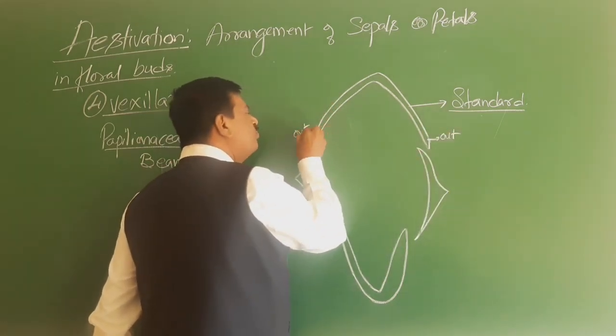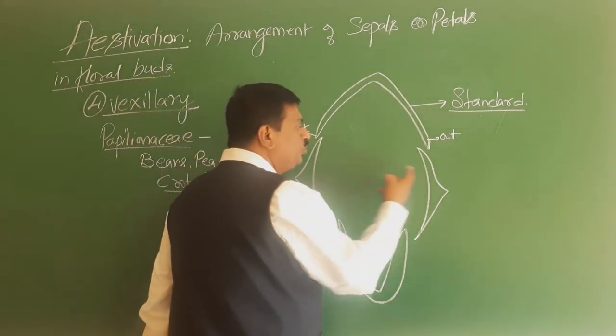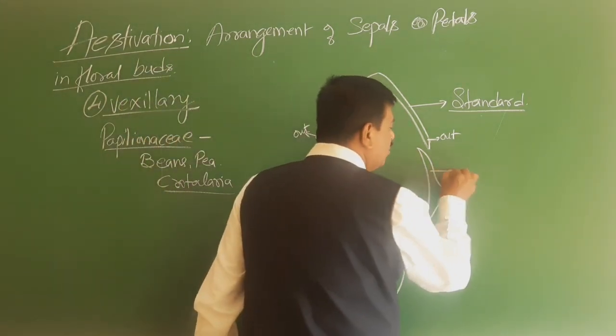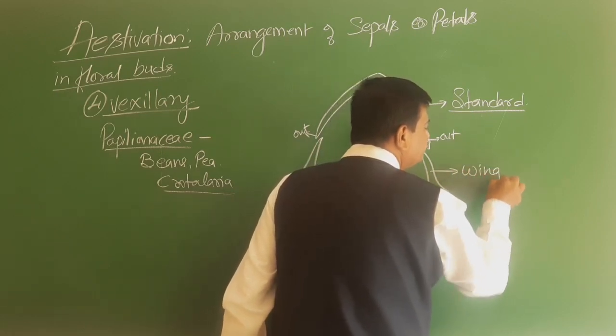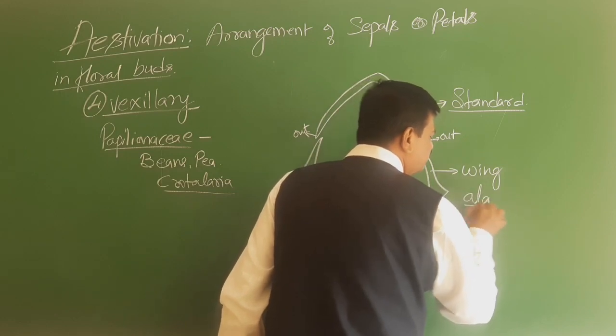The 2 smaller petals are called wing petals. Wing petals are also called ala.